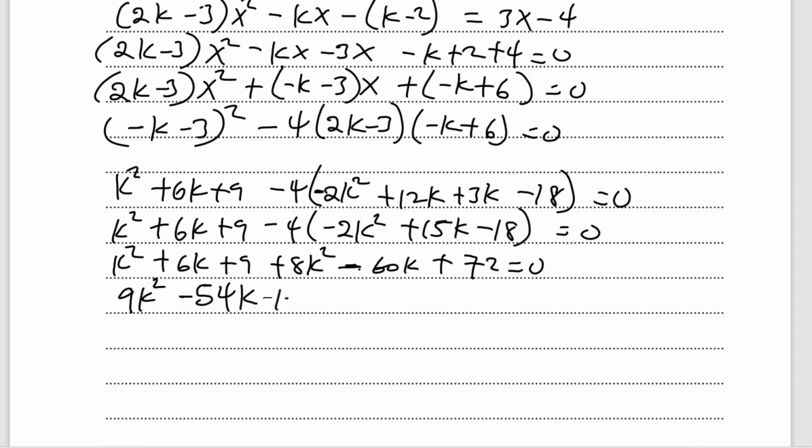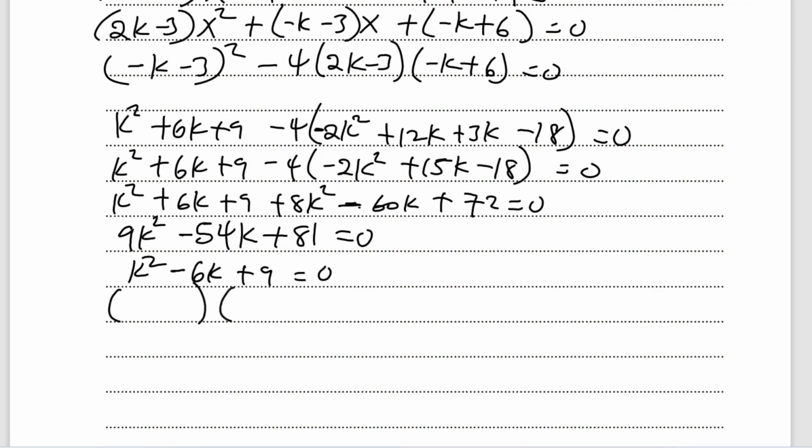So plus 81 is equal to 0. All right, then you can divide by 9 so that you have something really simple to work with. Should you factorize this, you are going to get k minus 3 and k minus 3. So k is definitely equal to 3.